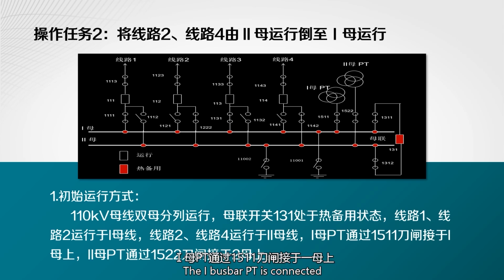The 1 bus PT is connected to the 1 bus bar through a 1511 knife switch, and the 2 bus bar PT is connected to the 2 bus bar through a 1522 knife switch.